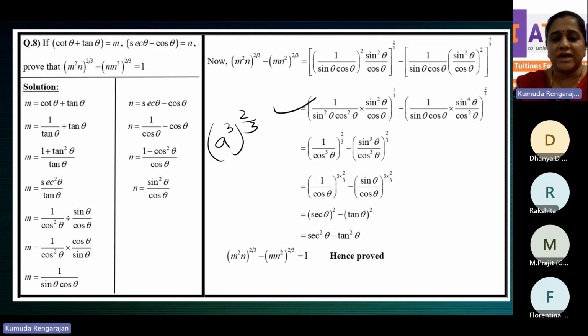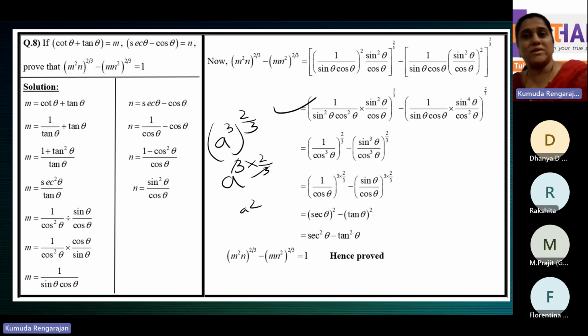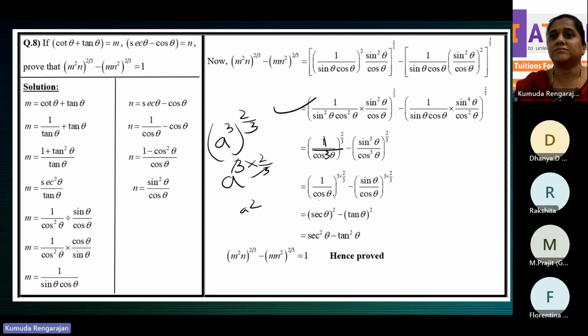Like when it's a cubed, the whole power 2 by 3, we work like a to the power 3 into 2 by 3, and 3 and 3 cancel and we get a square. When the base is raised to many powers, we multiply all the powers. That's what we do here also. So I've written 1 by cos theta, this power 3 into 2 by 3.